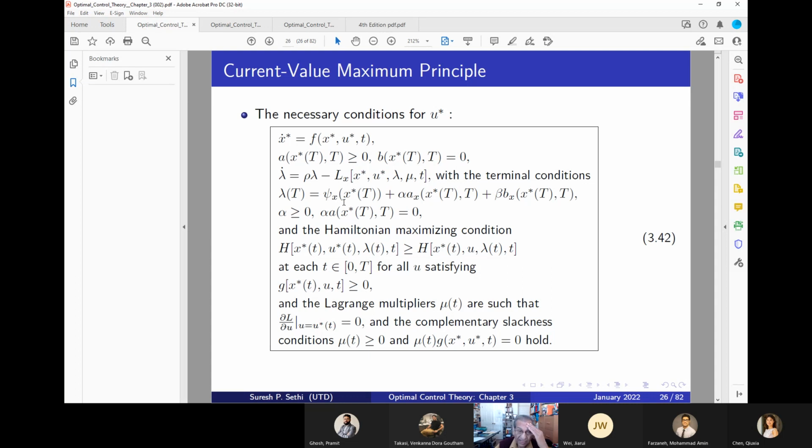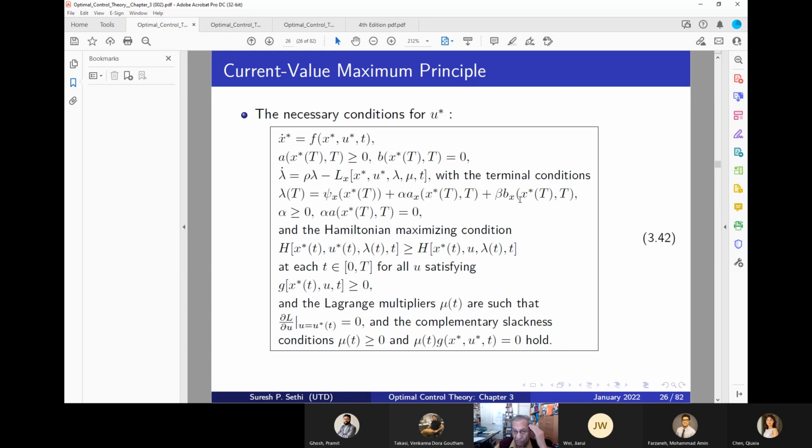Remember, psi x is the salvage value. Salvage value is b times w, so w is the state variable x. So psi w will be exactly b. So this is b, and this is alpha.